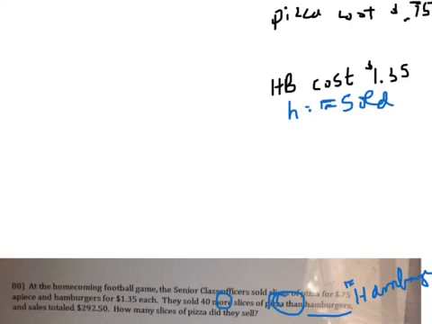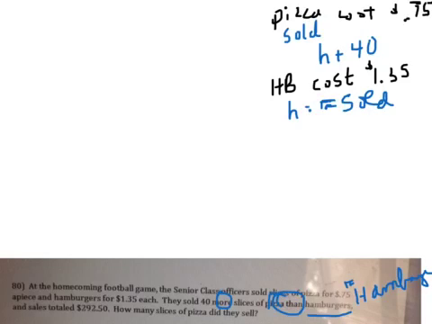So if I want to describe how much pizza was sold, I could put P for pizza, but then it's really kind of hard to solve an equation with two variables. What I can do is say that it's however many hamburgers were sold, and we add 40 more. So I could describe it as P, but I also could describe it as H plus 40, and that way I only have one variable.